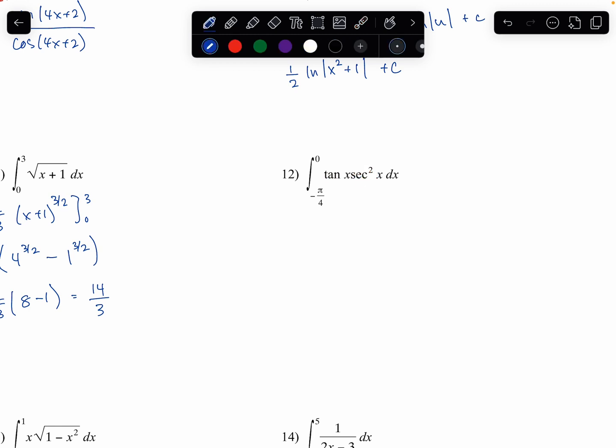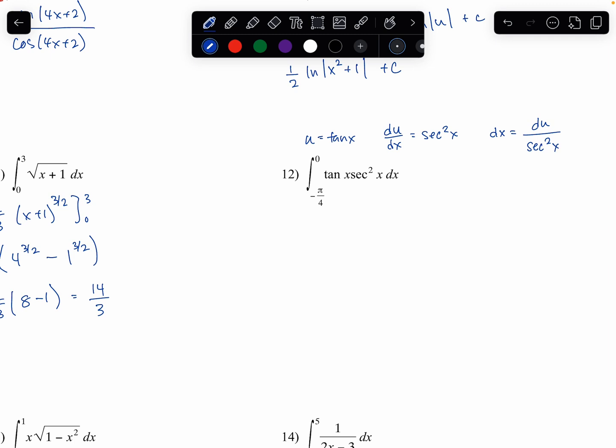So I'm going to allow u to be equal to tangent of x, and that would mean that du dx is equal to secant squared of x, and then that would mean that dx is equal to du divided by secant squared of x.